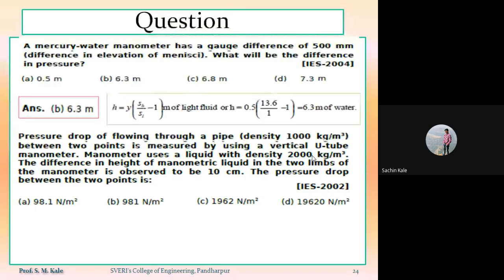Whatever manometer we are using, there will be a deflection in the manometric fluid, and that deflection between the two limbs is nothing but 10 centimeter. So here we have to find out the pressure difference between 2 points. So give your answer. Only 3 students have given the answer till now.